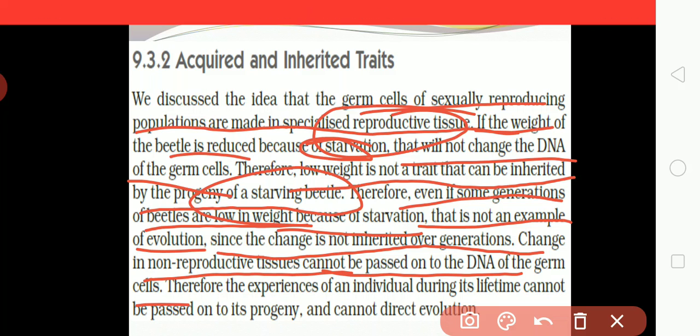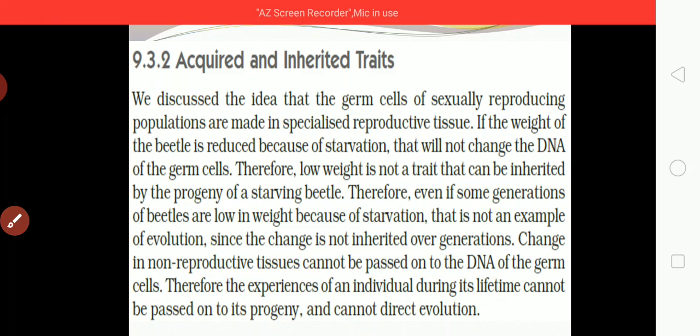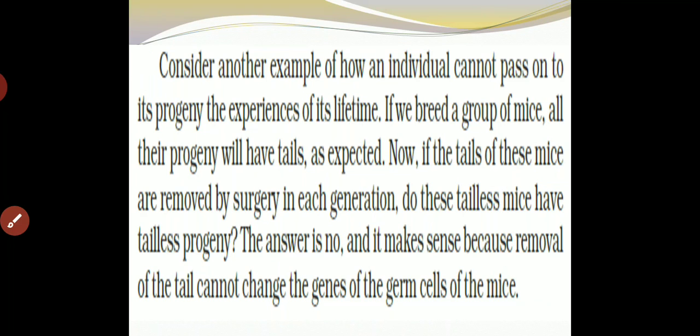Therefore, the experience of an individual during its lifetime cannot be passed on to its progeny. It cannot direct evolution. So, consider another example of how an individual cannot pass on to its progeny the experience of its lifetime.